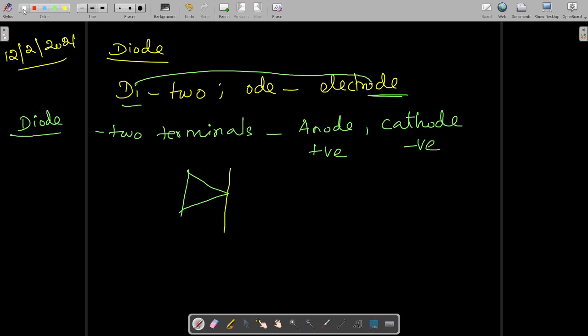For taking the connection we have leads, which are not important here. This is the symbol for the diode.